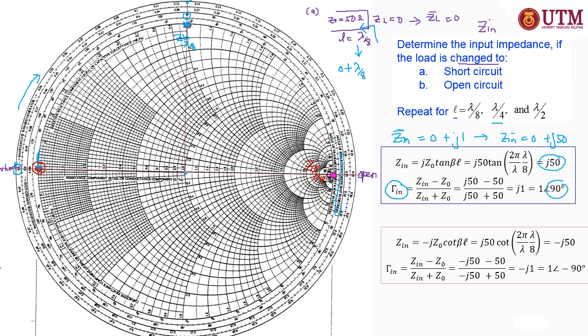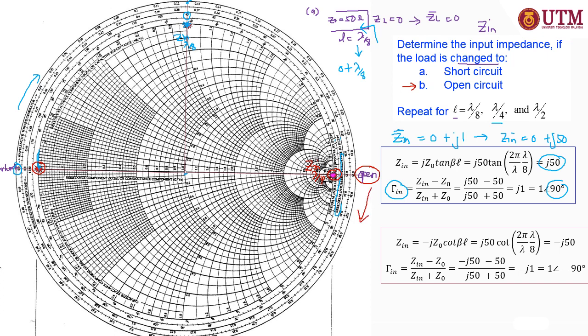Okay, and repeat again for the open circuit. So the open circuit is supposed to be somewhere there. In this case, the Z load equals infinity. Okay, so the open circuit position is at this point. And to determine the Z in, you still need to look towards the generator.